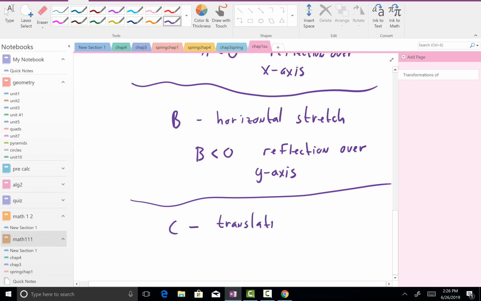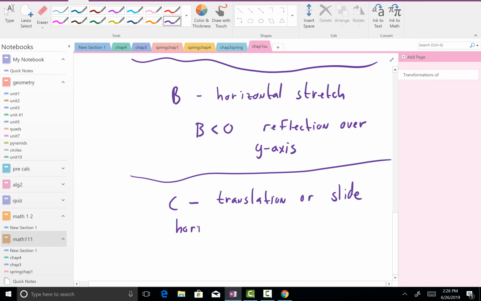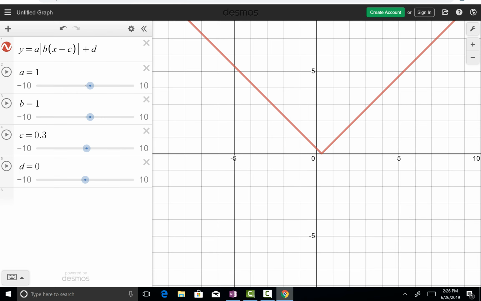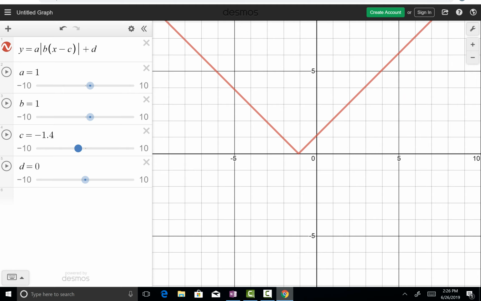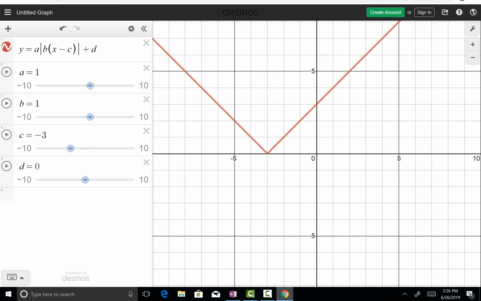So a translation or slide, horizontally. And I want you to put down c units because that is important. If I make c 3, notice that that tip has moved over 3 units. If I make the c a negative value, then it has moved back 3 units.